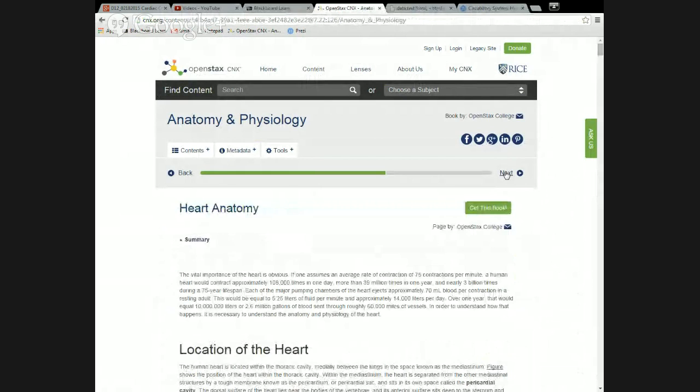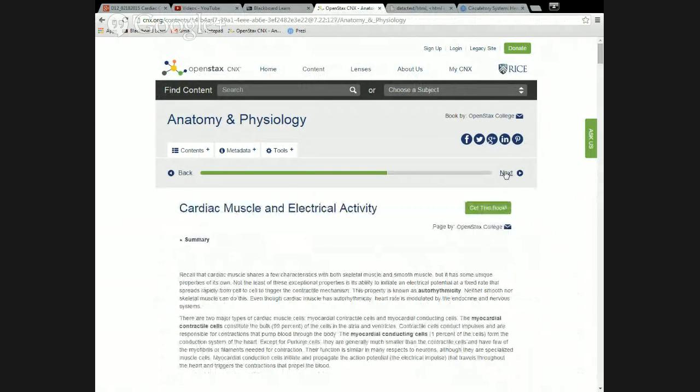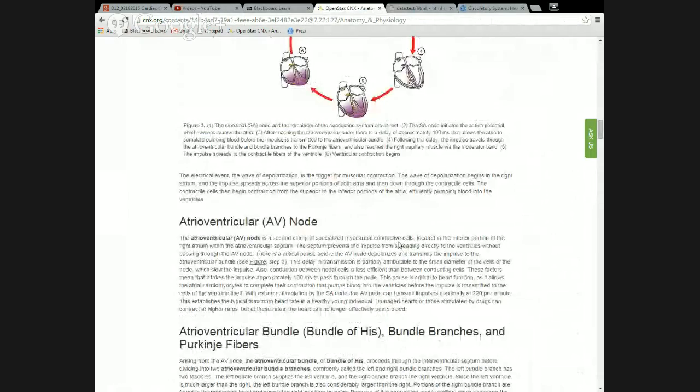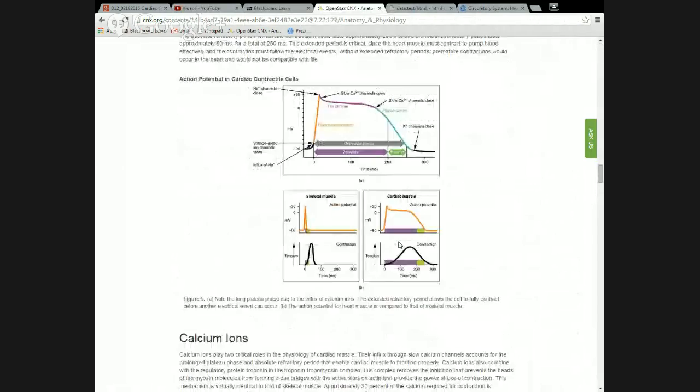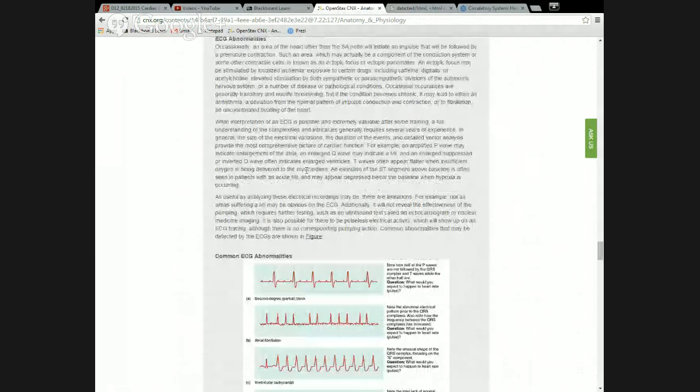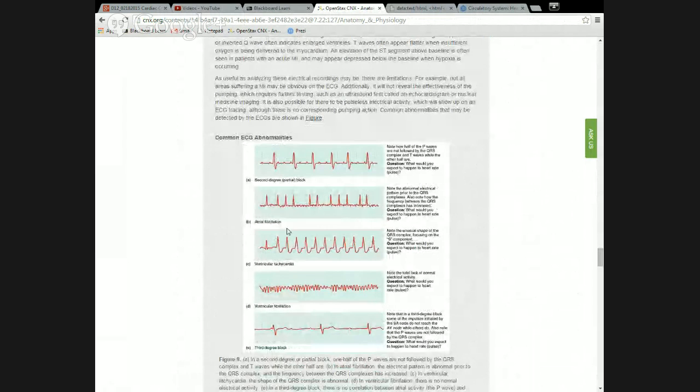In the section that is electrical activity, I think down at the bottom, after it talks about all this stuff, there we go, EKG and abnormalities, and it has some examples of some of them. And there's questions in the quiz that relate to some of what this is talking about.